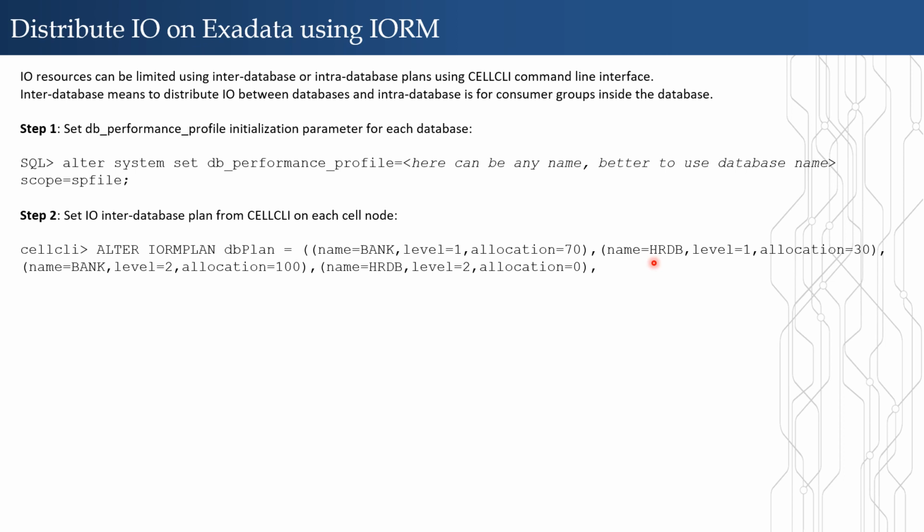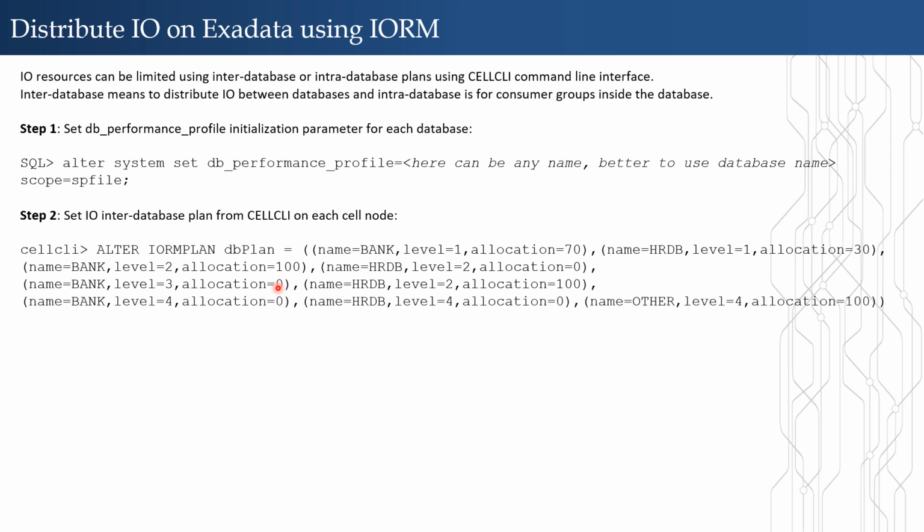And the bank will take the 100% that remains from the first level. So if HRDB does not use its allocation of 30%, the bank will use all the resources. The same can be done for the HRDB on the third level, and the fourth level is for other databases which do not have the performance profile set.